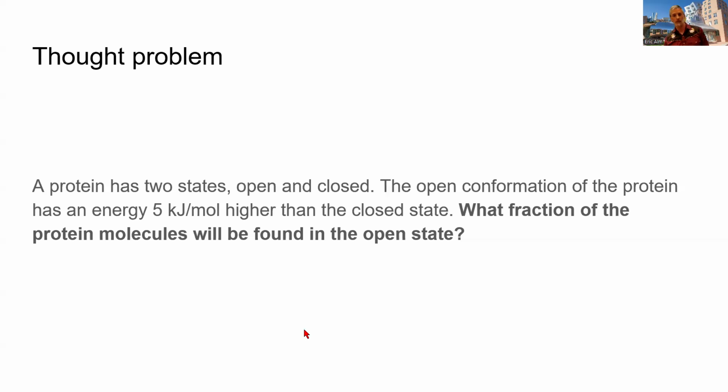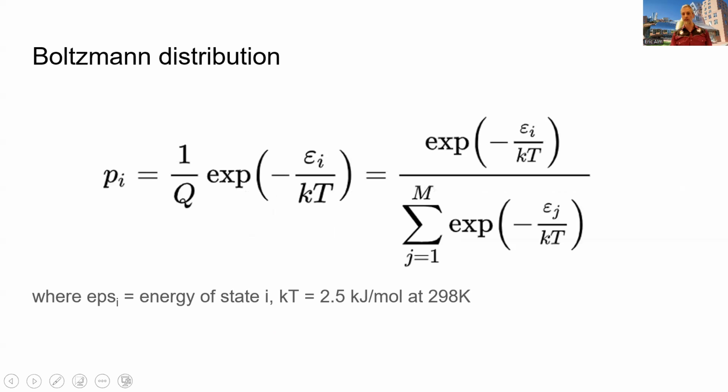And if we look at that formula, that's exactly what we put here for the Boltzmann distribution. We have the relative energy for that particular state on top, and then we normalize it by looking at all the different states and dividing by those.